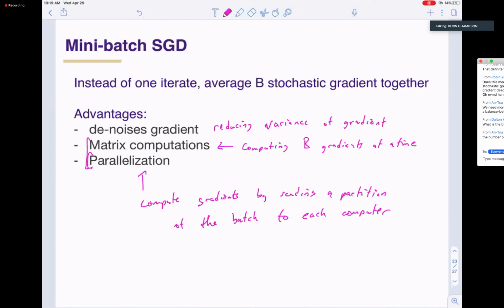Take your phone. As you walk around, it's constantly pinging the cell tower, constantly trying to learn, because it's multipath. The signal is bouncing off the walls, the trees, the buildings, and it needs to account for that. How it does that is through an algorithm called LMS, least mean squares, which is essentially just stochastic gradient descent.